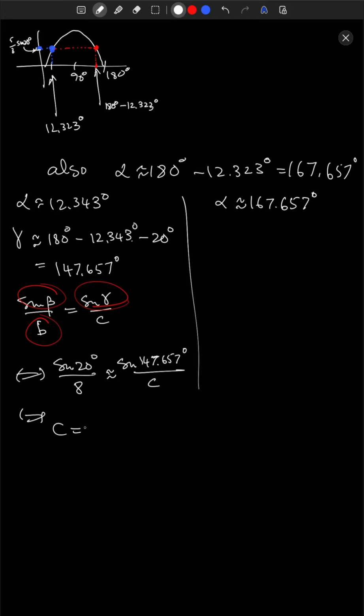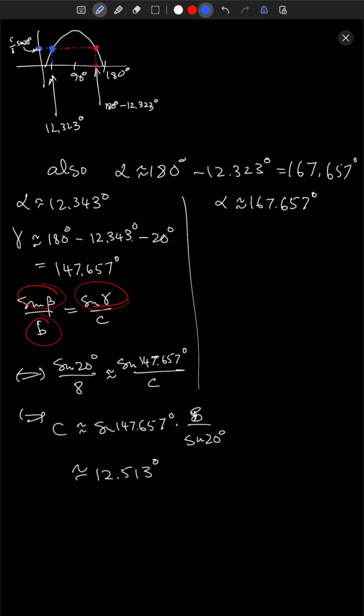And so C is equal to sine of 147.657 degrees times 8 over sine of 20 degrees. All right. And I can plug that into a calculator, or I guess squiggly lines here, because our calculator is not exact, and get 12.513.